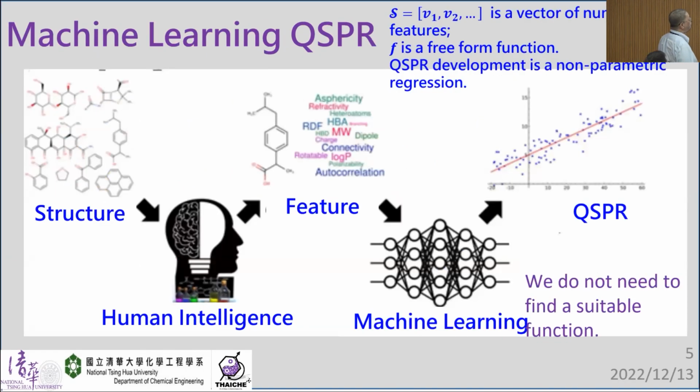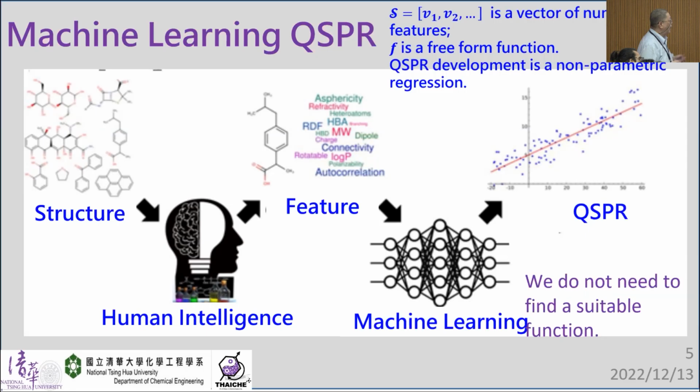A second generation of QSPR is what we call a machine learning QSPR. In this type of model, we have a structure, and from that structure we curate some molecular features. It can be the molecular weight or dipole moment or whatever.